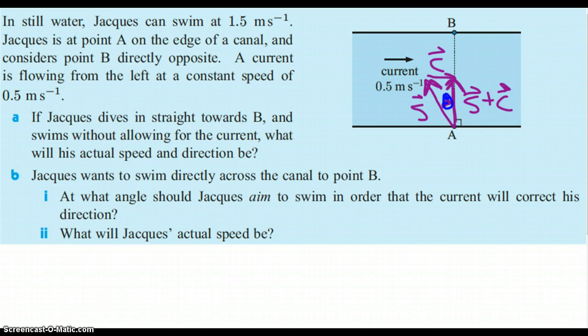Now we'll use a similar process using trig, except this time the current is opposite and the magnitude of our swimming vector is the hypotenuse. So in this case, to find the angle, we're going to use the sine of theta, and that's going to equal the magnitude of the current, 0.5, over the magnitude of his swimming vector, 1.5.